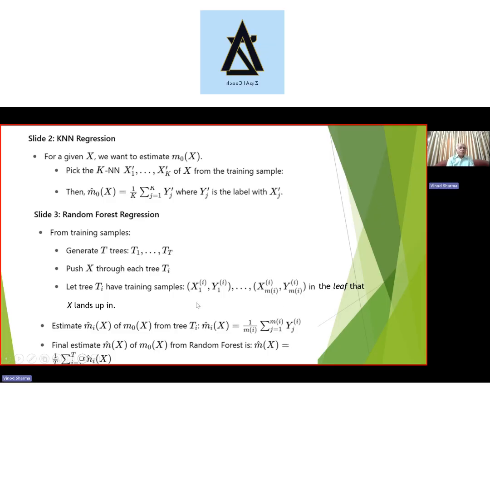In that leaf, if x1i, y1i to xmi, ymi are the training samples available in the leaf where x lands in Ti, then the estimate mi hat x of m naught x from tree Ti is given by the average of the labels in these samples. So for each Ti you compute mi hat x, and for the random forest, you take the average. And that is m hat x, the estimate of m naught x from the random forest.